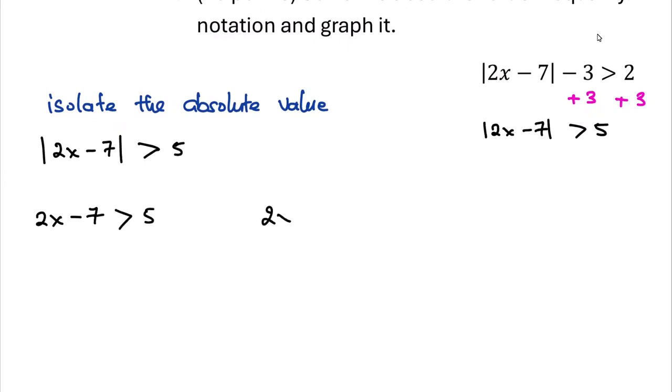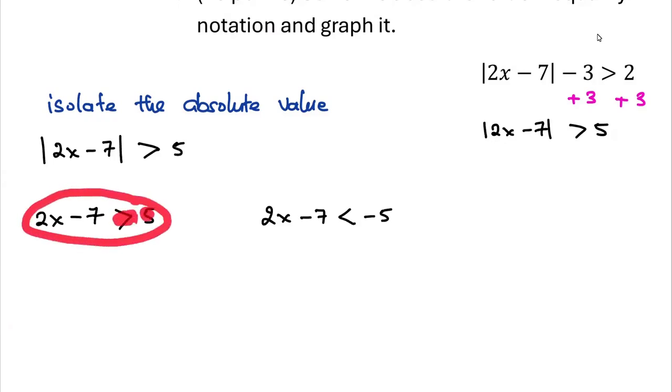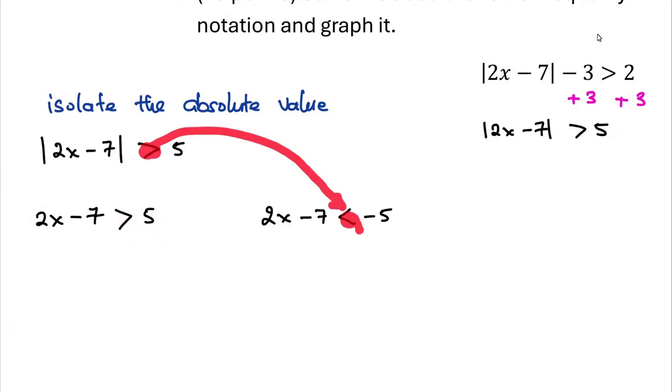And then I get 2x minus 7 less than negative 5. In the lecture, I said that already. So the first problem will contain exactly the same sign with the same number. The second problem, from the original, I will flip the sign. You see that the sign is flipping, and I have the opposite number.